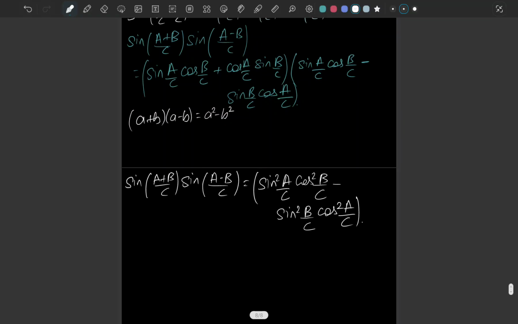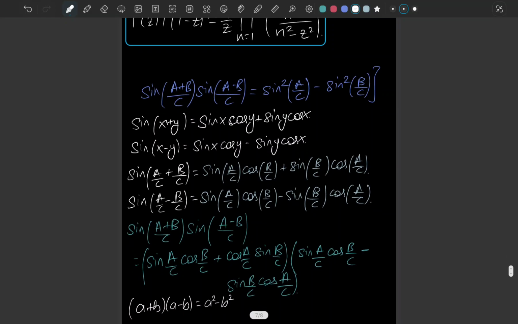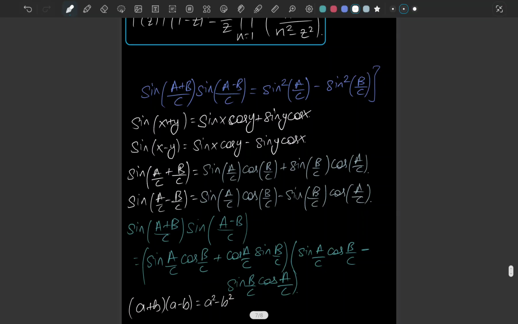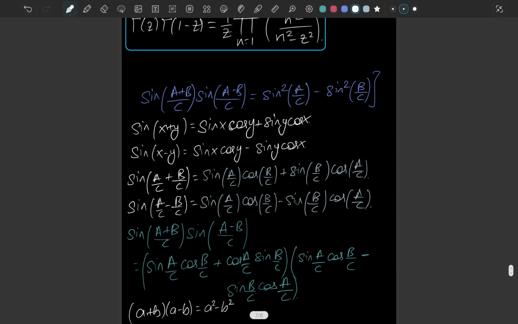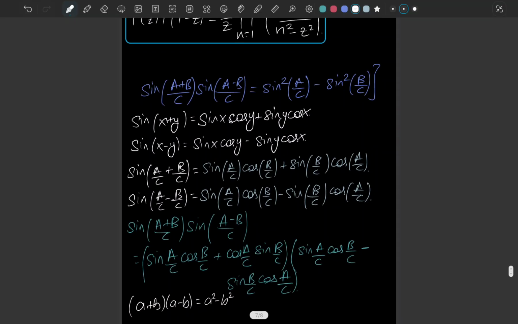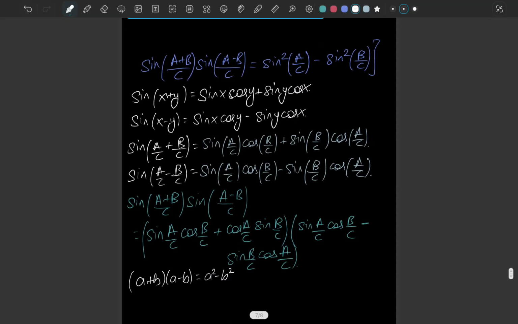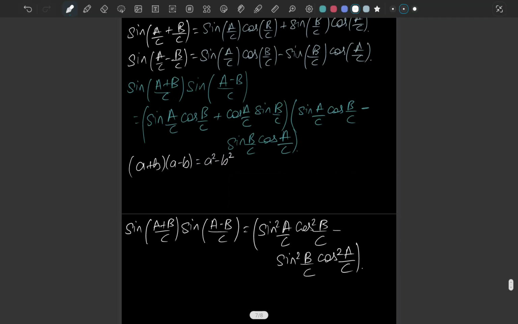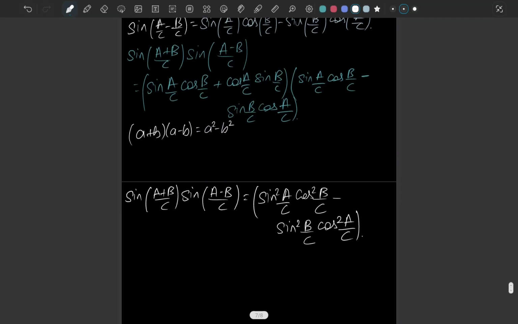Wait a second, did I make any kind of error here? Sine of (a plus b over c) times sine of (a minus b over c). I just multiplied them out and I'm having something like this.